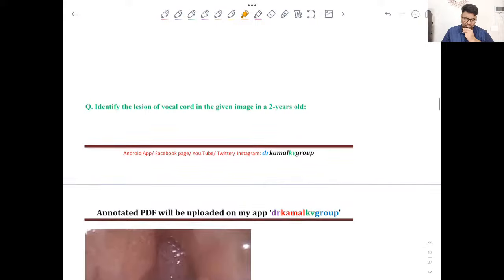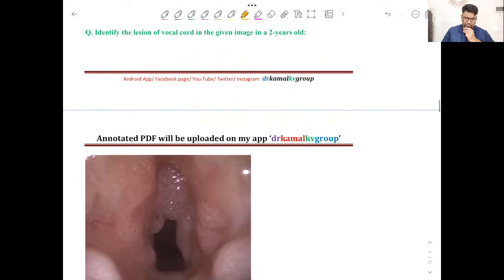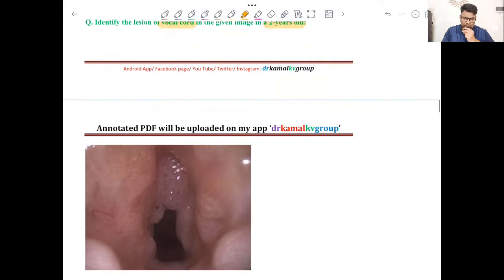Okay, so next question. Now identify the lesion of the vocal cord in a 2-year-old child. Now if you look at the image, you can see that this is some pathology here, right? So again you can see here it is affecting the vocal cord.